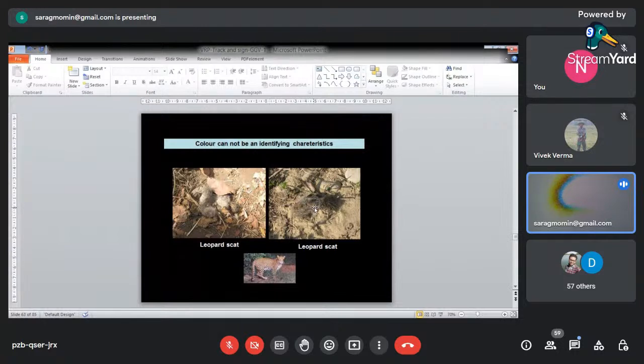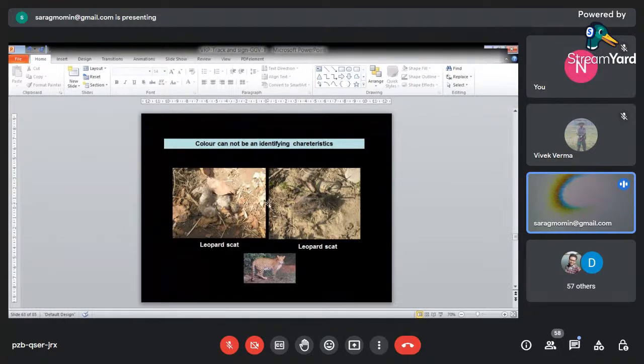Here the leopard ate cattle, cow and goats. That's why it looks black colored. But in this case, the leopard preyed on hare species.